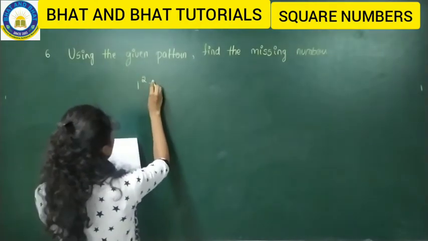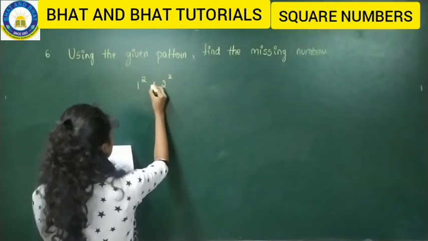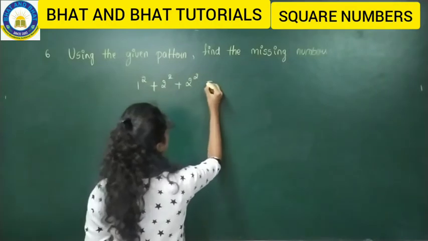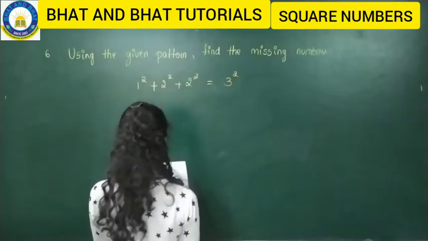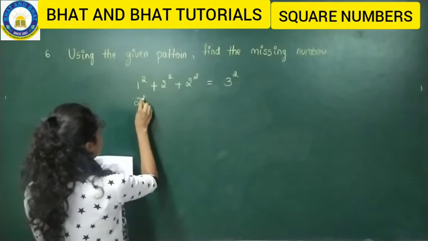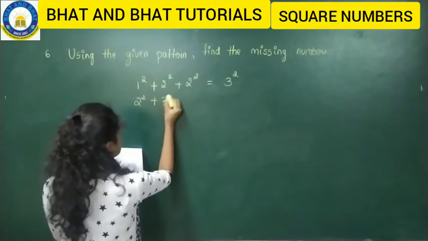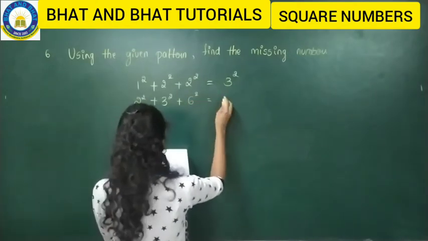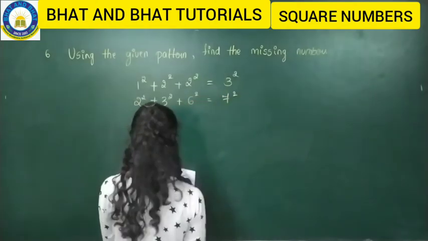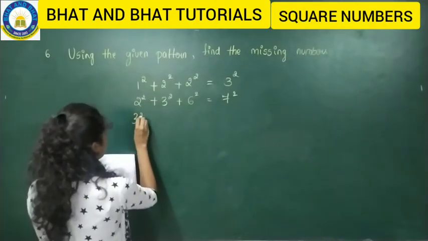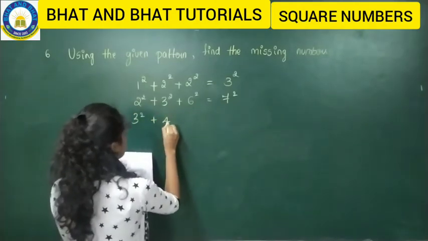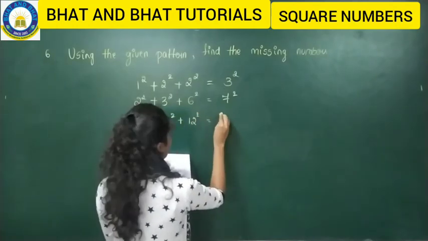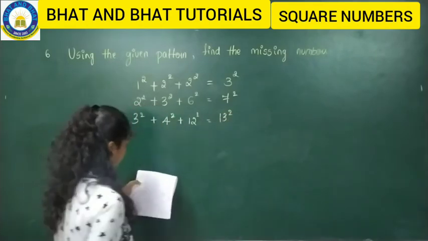1 square plus 2 square plus 2 square is equal to 3 square. Next, 2 square plus 3 square plus 6 square is equal to 7 square. Again, 3 square plus 4 square plus 12 square is equal to 13 square.